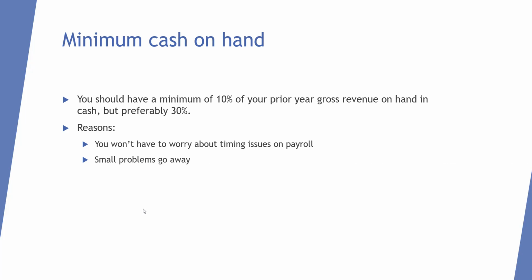Small problems go away. Now think about that. If you have 10% of your gross revenue in cash, or up to 30%, you have a cash reserve. If you run into a small problem, say the motor breaks on the piece of equipment that helps you produce your widget, well, if you've got a cash reserve, you probably have the ability to go out and buy that new motor and fix it.